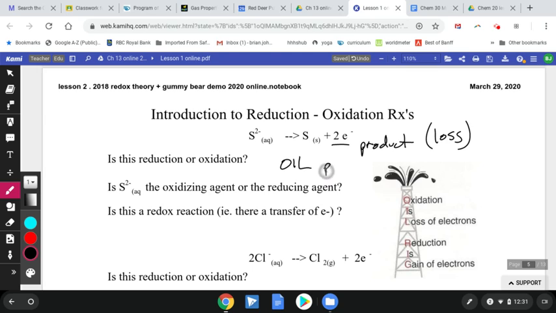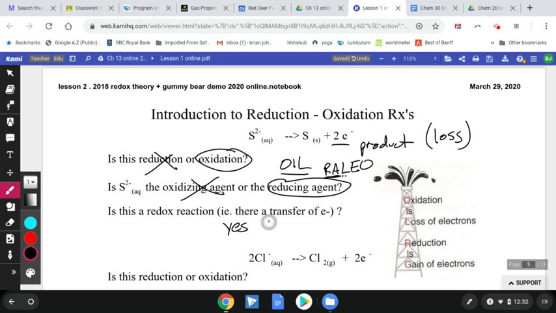OIL, RIG. So there's our answers. Oxidation is a loss. Is S2 minus the oxidizing agent or reducing agent? It's the reducing agent that loses electrons. Is this a redox reaction? You bet. Again, it's half of the reaction.